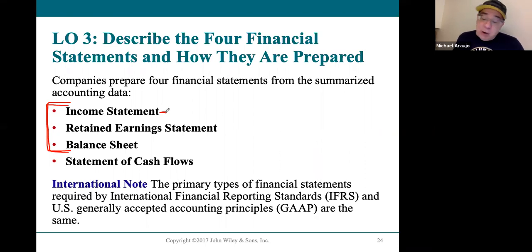And our hope is that as we do the income statement, we have more revenue than we have expenses. Because if we have more revenue than expenses, that means we earned a profit for that period of time.